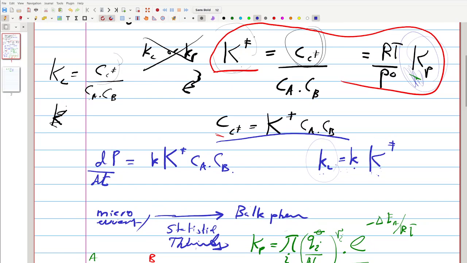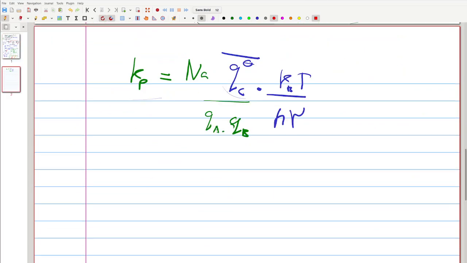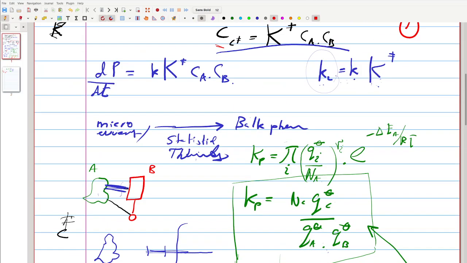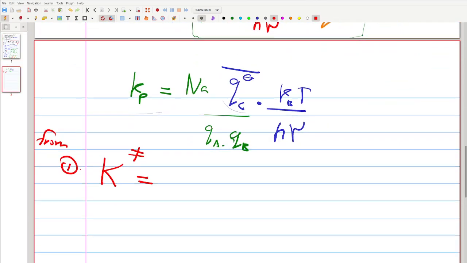I'm going to give this a name. Let's call it equation 1. So in equation 1, we substitute for K double dagger. From 1, we had K double dagger equal to RT over P naught times Kp. So for Kp, we substitute this whole lot over here instead of Kp.